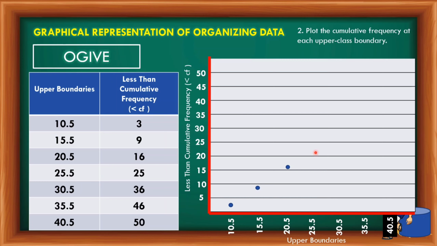Ito yung 25.5, dito yung 25, so doon na natin ilalagay. Then 30.5, 36, dito lampas ng 35. Then 35.5, 46, doon tayo lampas ng 45. Then 40.5, 50, ito yon 40.5 hanggang 50.